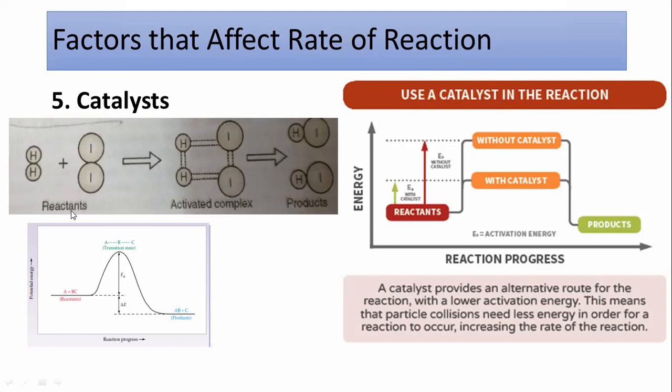So here, this is one of the examples. This is the reaction of hydrogen with iodine, H2 and I2, and this will form two molecules of HI, hydrogen iodide. So this is the activated complex. That means first there is energy required to break the bond between hydrogen and hydrogen, and iodine and iodine.